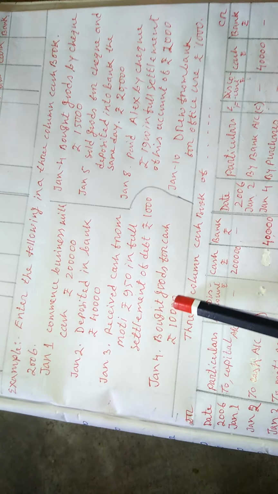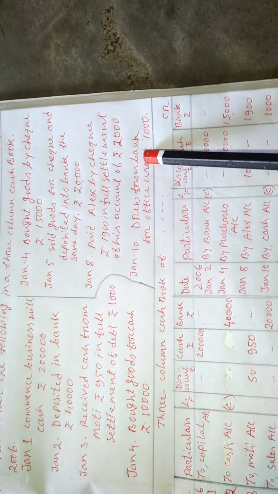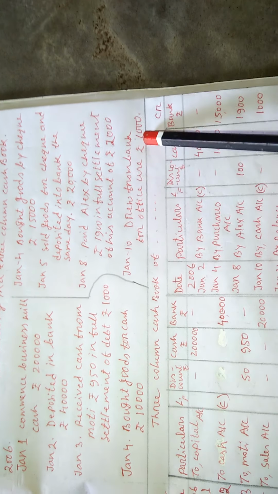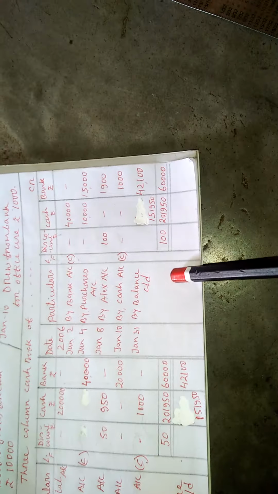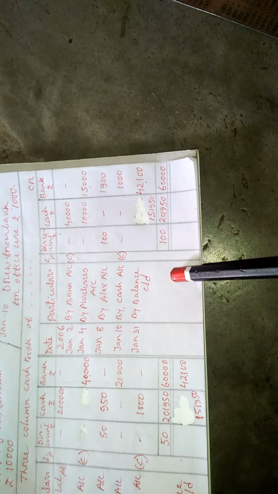The next, date 10, drawn from bank for office use 1,000. Only for office use, when the amount is withdrawn, then it will have a contra entry. As you see, we are withdrawing from the bank, so what are we getting from the bank? Cash. So that is why by cash account contra, the bank is making payment, so bank balance is decreased by 1,000.